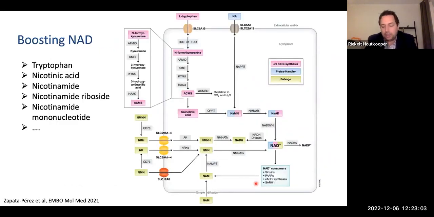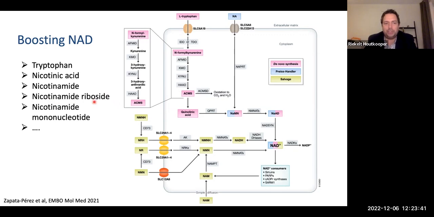So I mentioned nicotinic acid is one of them, but we have several precursors, several NAD boosters by now that we can employ to improve or restore NAD homeostasis. One is tryptophan, an amino acid. We always considered tryptophan one of the minor contributors to NAD biology. The major ones are nicotinic acid and nicotinamide, which is both a precursor and a downstream product of the NAD consumers.